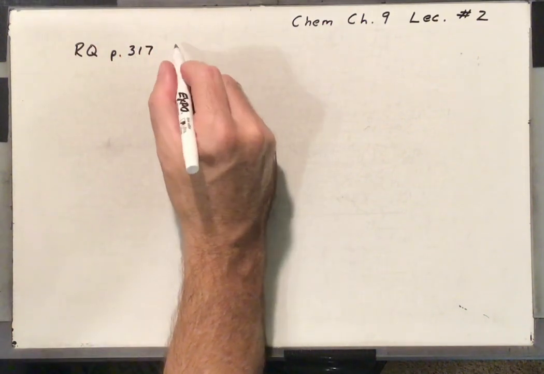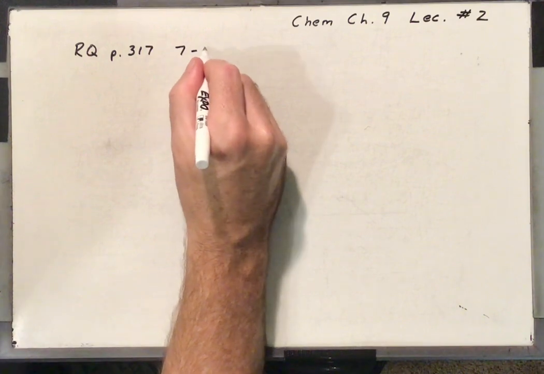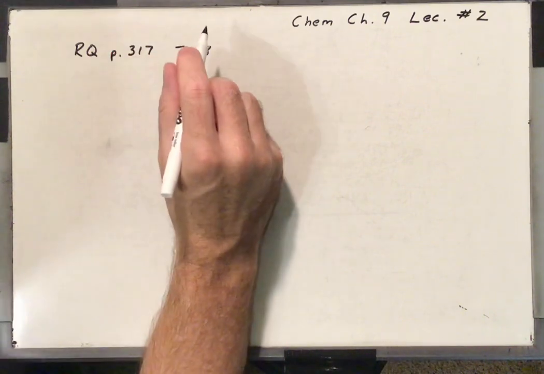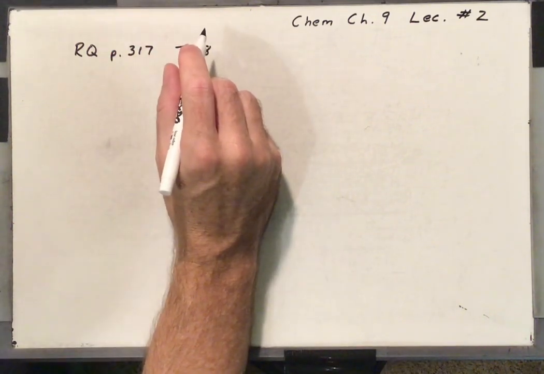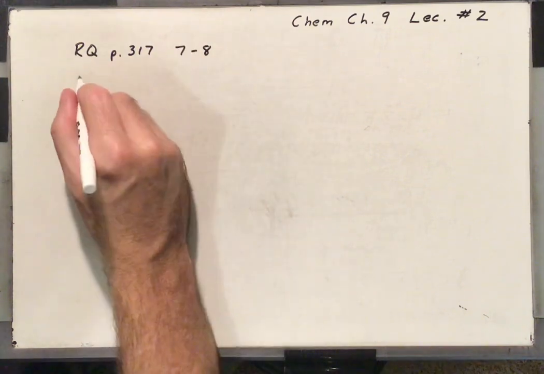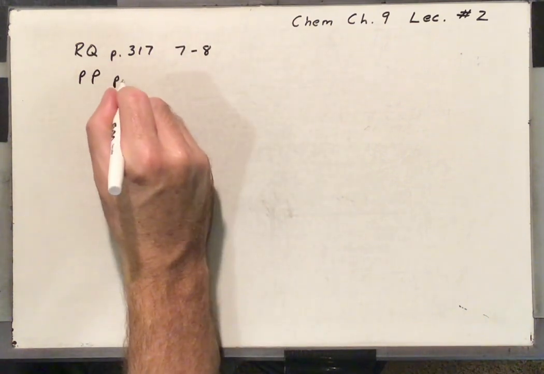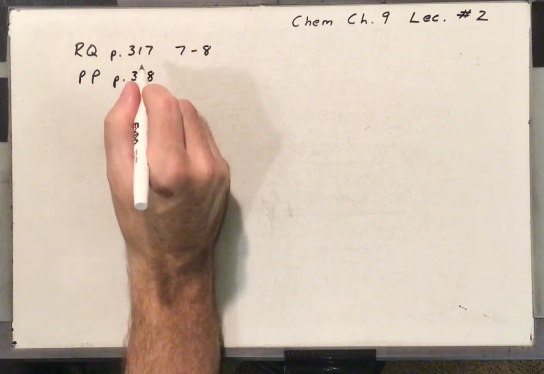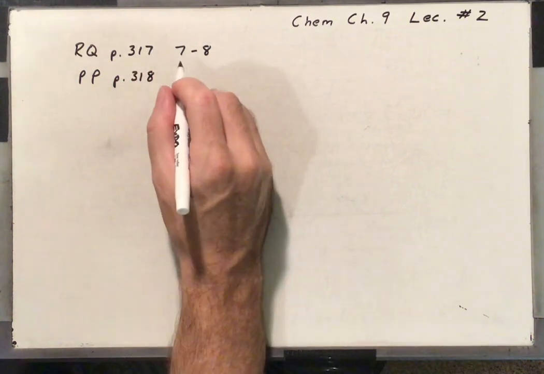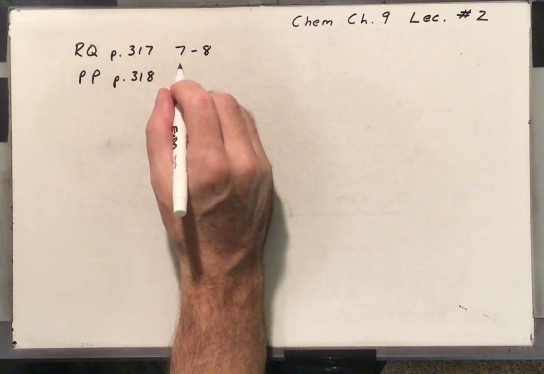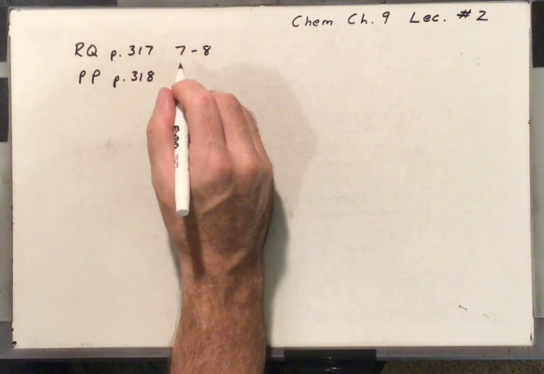You can go ahead and do 7 and 8. And we can do practice problems on page 318. You did 1 through 3 last time. Let's go ahead and do 4 through 8.